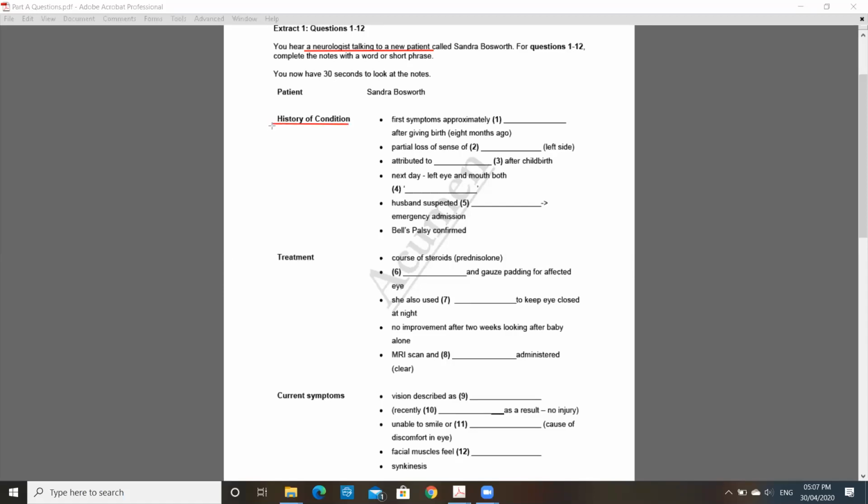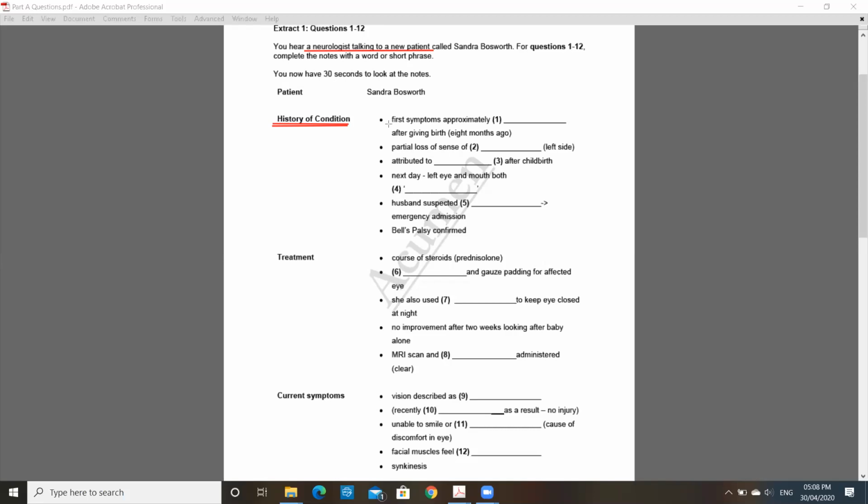Definitely if they are visiting a neurologist, they may have a neurological condition, and here it is history of condition. So in this part of the conversation, they are not just going to describe their presenting complaints, but how it evolved, how the things developed, how the condition has gradually developed.